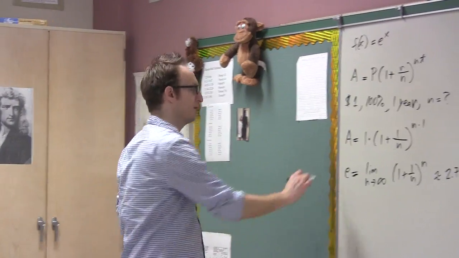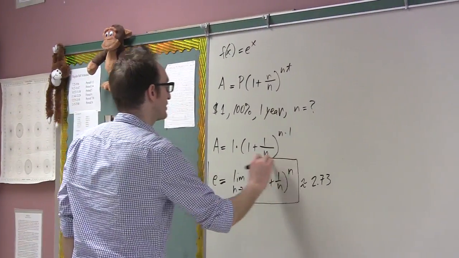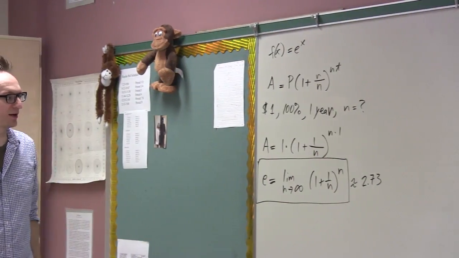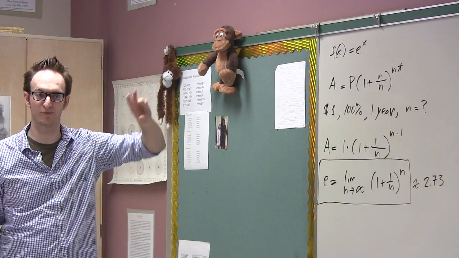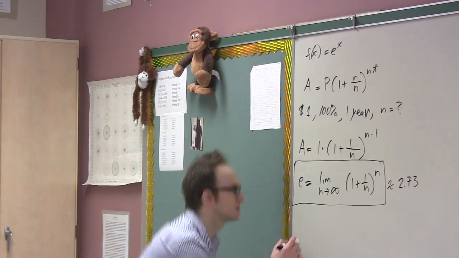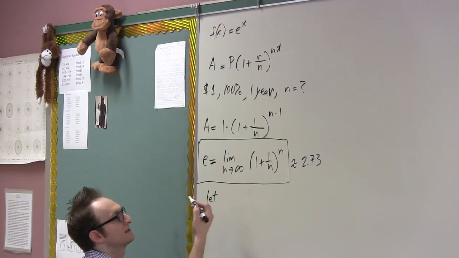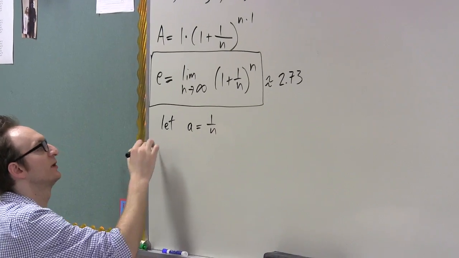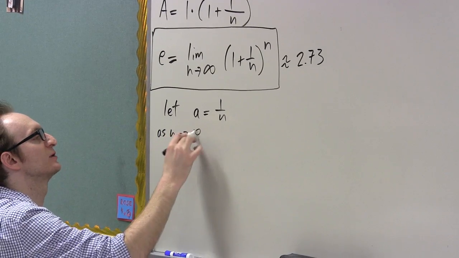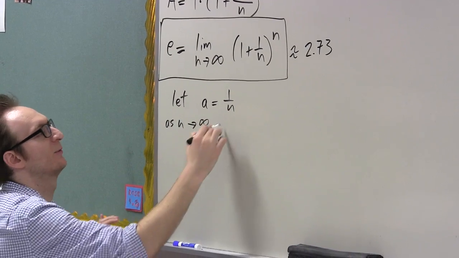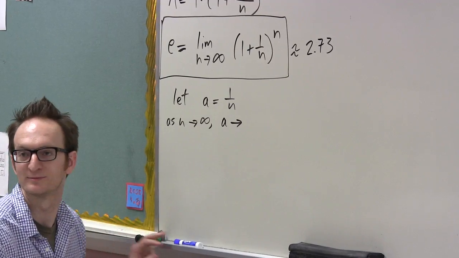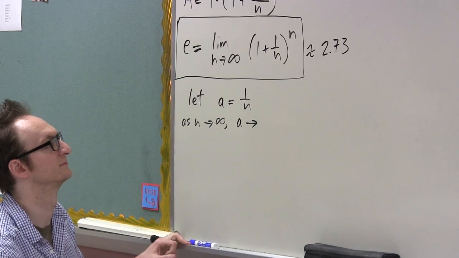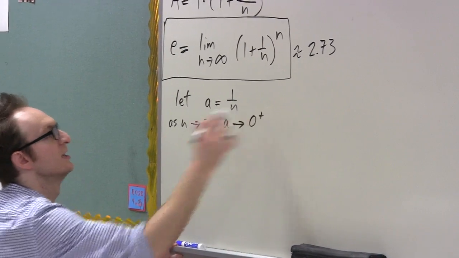It came from Precalc B. There is an alternative definition of e, and you get it when you flip the limit around. Let a be 1 over n, for example. As n goes to infinity, what does a go to? It goes to 0 from the right, of course.